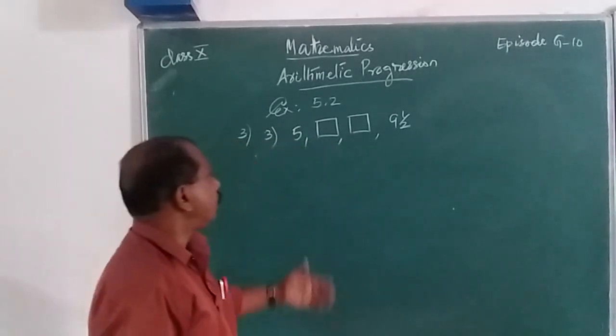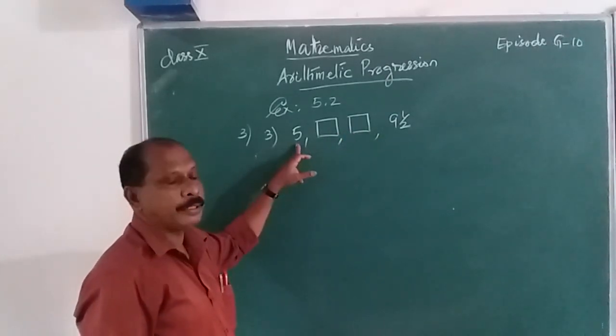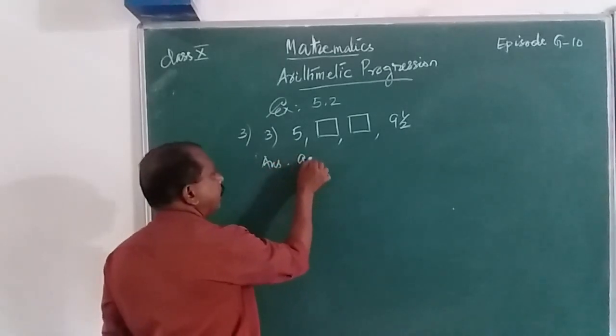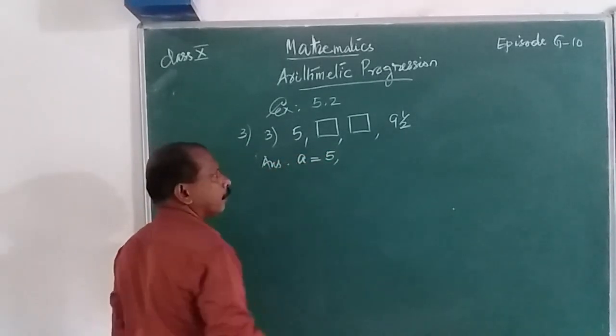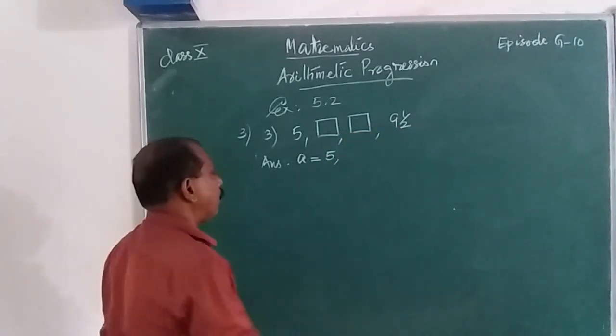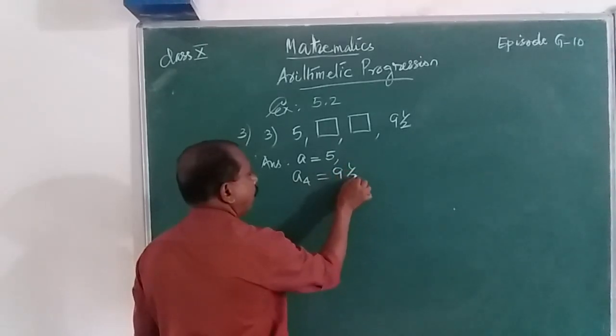There are how many terms? 1, 2, 3, 4: 4 terms. Therefore, the first term is 5, that is A is equal to 5. The fourth term is 9 and a half, that is A4 is equal to 9 and a half.